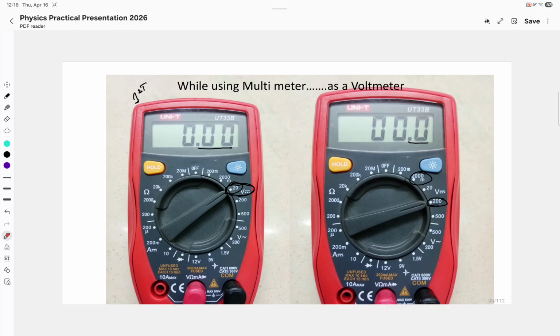And what else? Yeah, so here you only need to measure three quantities: voltage, current, and resistance. And most of the time voltage and current have a high probability of coming in any experimental task. It does not mean that ohms or resistance measurement will never be there. They do, but still the high probability is for voltage and current.